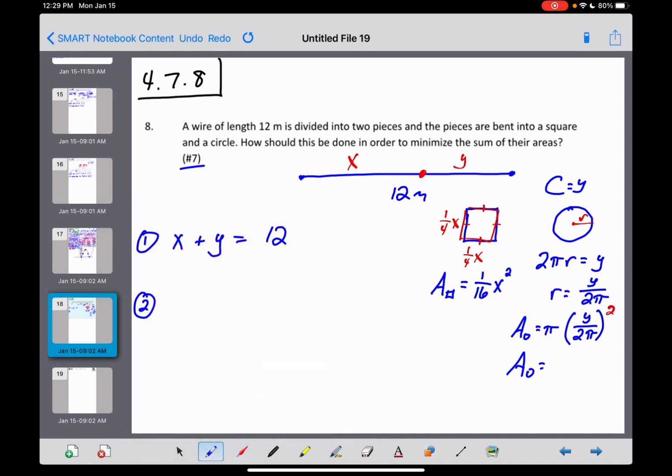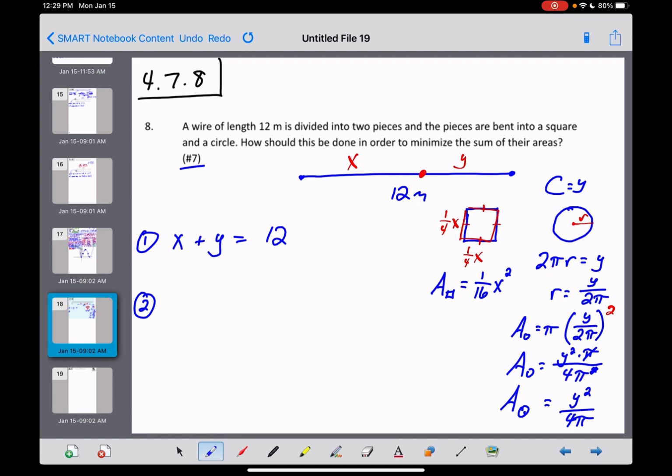So what's going to happen is that we're going to end up with Y squared times pi in the numerator all over 2 pi times 2 pi, which is 4 pi squared, and that pi will cancel with one of those pi's. So the area of the circle looks like it's going to be Y squared over 4 pi.